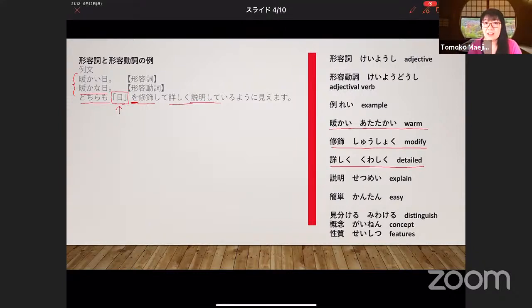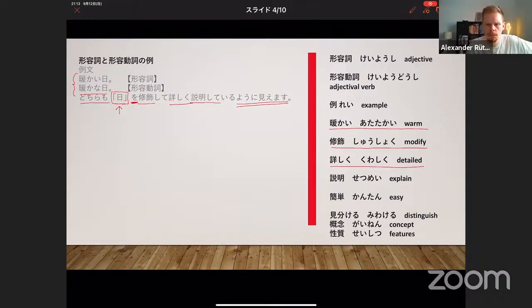So it is giving a detailed explanation. いるように見えます. Do you understand? ように is like seems, and 見える is also seen.